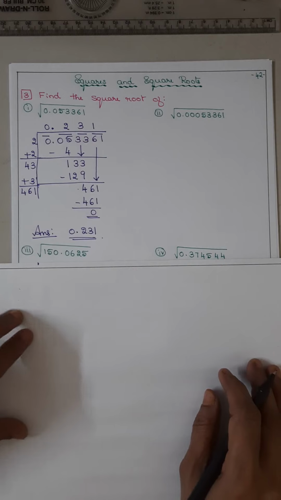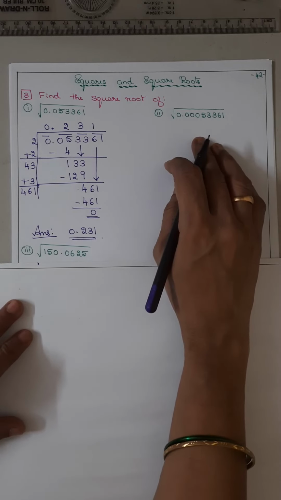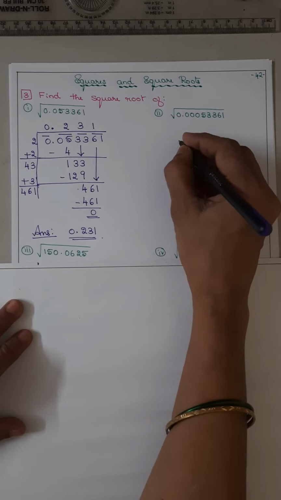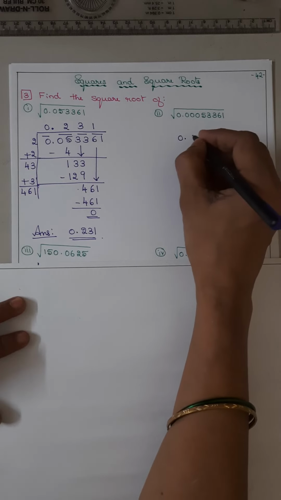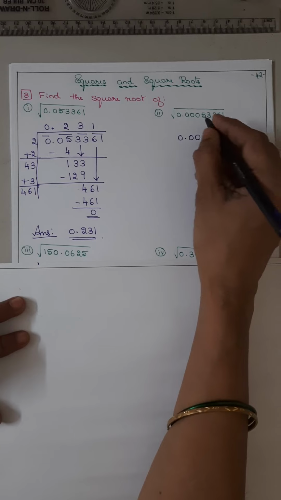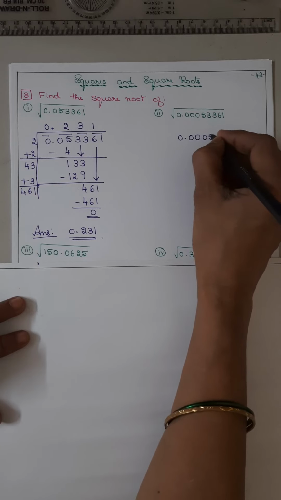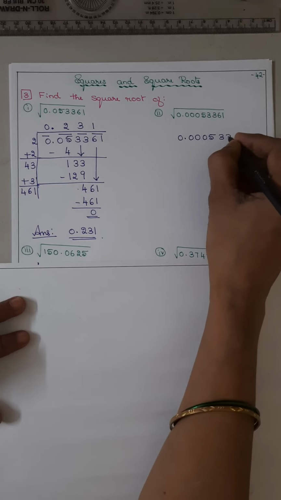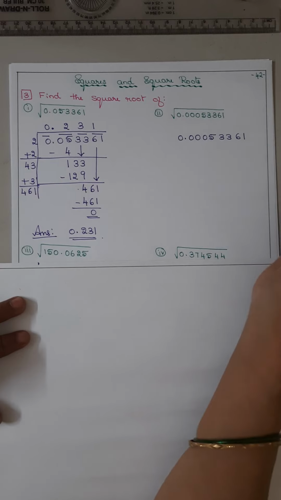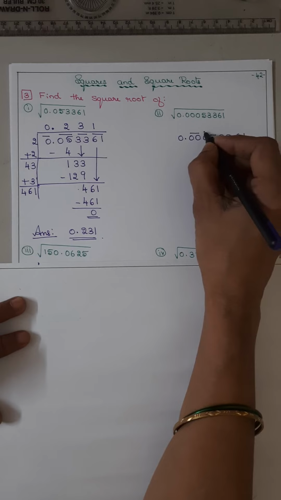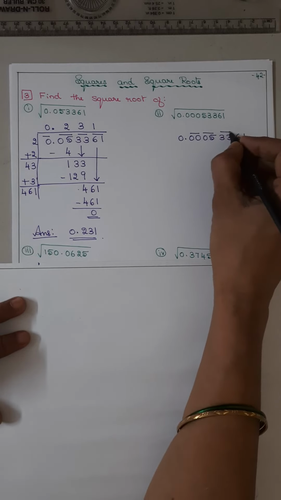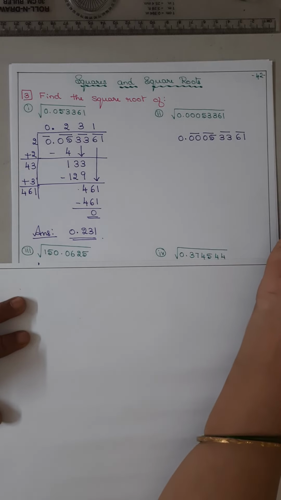Is it okay? Now coming to the second sum. It is 0.00053361.